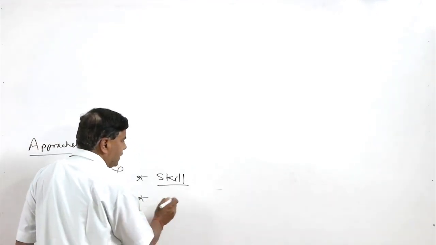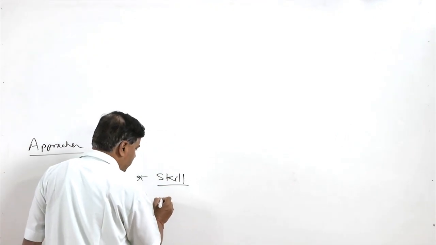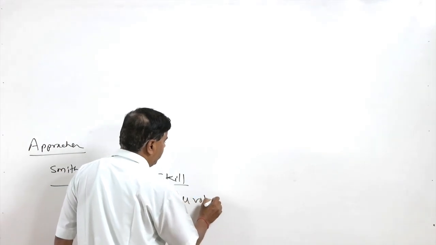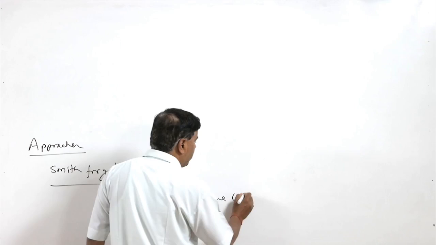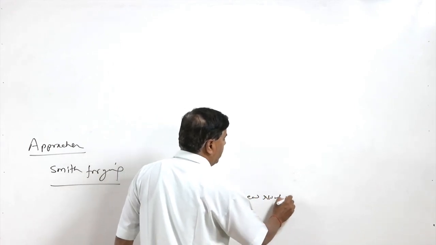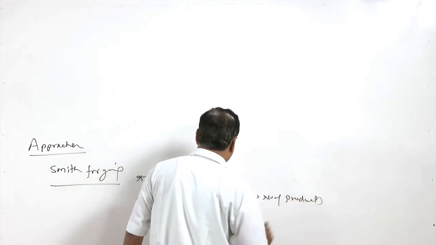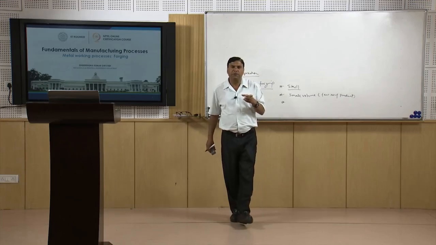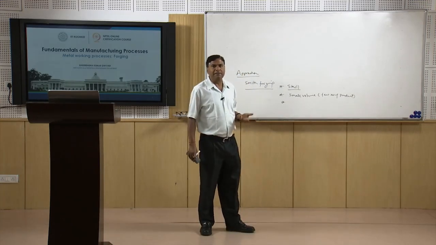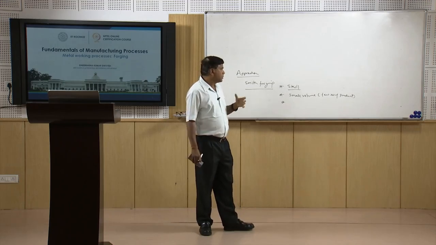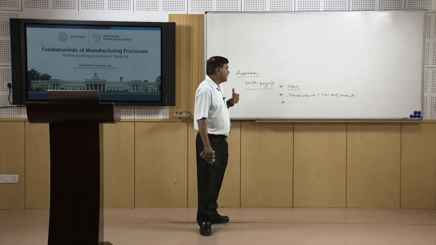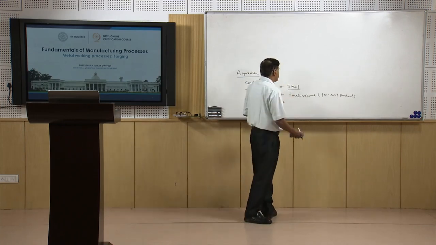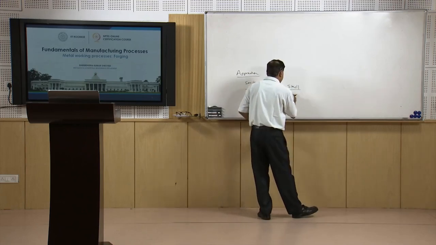Another thing is that this process is good for the small volume, means when few number of the products are to be made, not for the very large volume, because if you have to make very few number of the products, then making the die will be a costly issue. So, it will be important that instead of making the die for making few products, better to use the Smith forging process, so that it can be made economically.